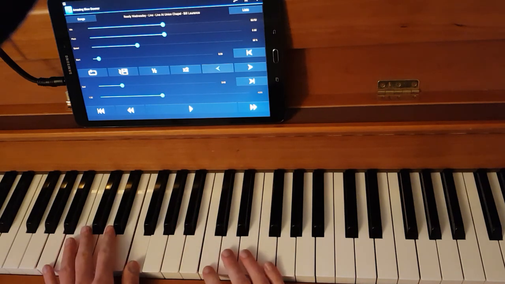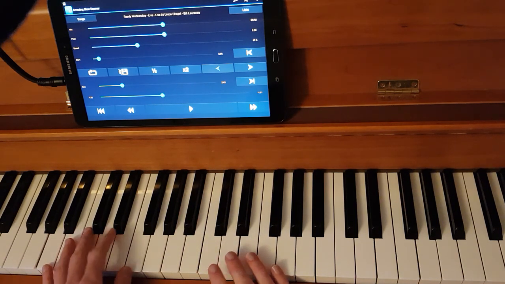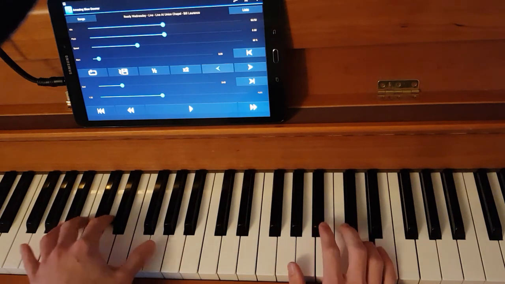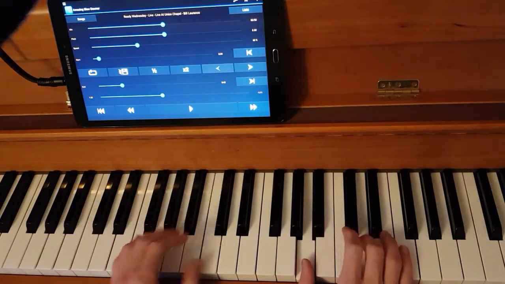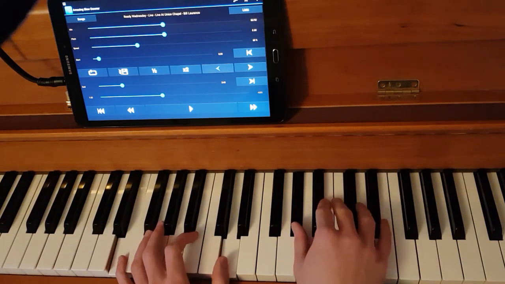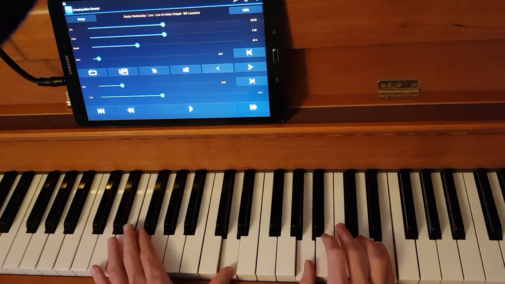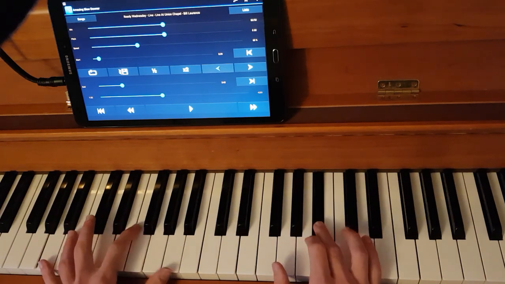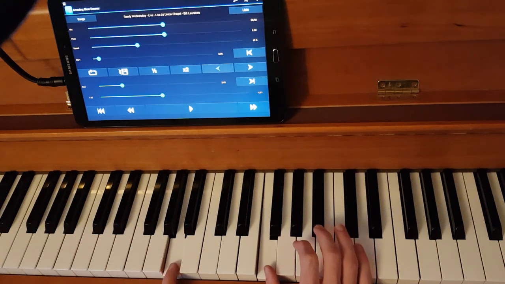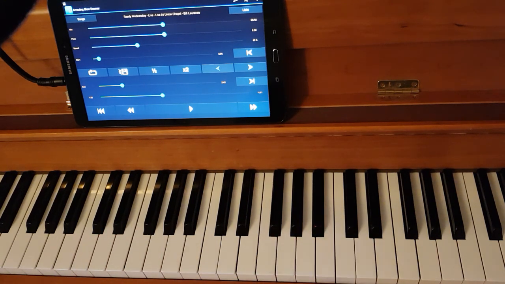It does work well in nice modern jazz piano pieces as well, like this. So that's what we've got so far. What have we got next?